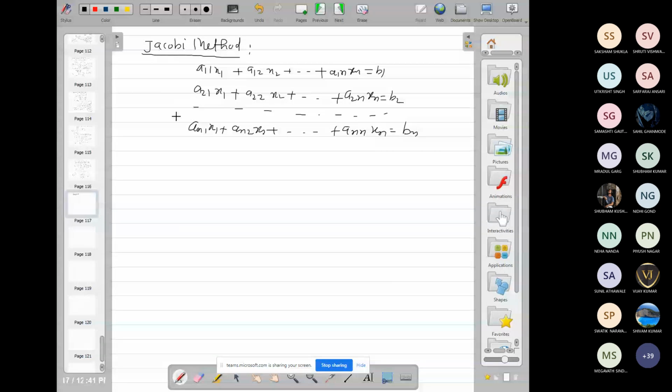To apply the Jacobi method, first we need to check whether the coefficient of x1 in the first equation is larger in magnitude than the coefficients of x2, x3 up to xn.